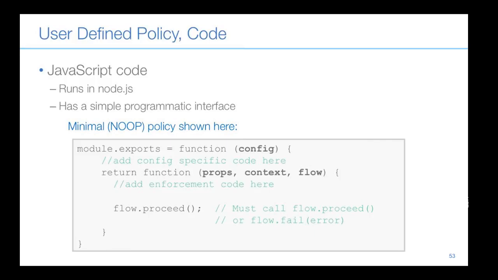And then flow is an object that contains some helper methods that you need to be able to proceed to the next policy and so on. It'll contain a logger, and there's some other stuff that I'll cover a little bit later.